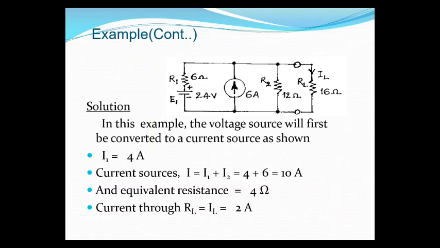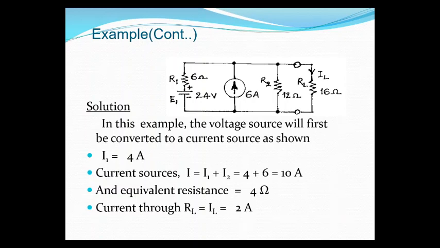So these two currents can be added and both are in the same direction. See here, negative is downward and positive is upwards. So both are in the same direction, so the total current I is equal to I1 plus I2, that is 4 plus 6 is equal to 10 amps now.